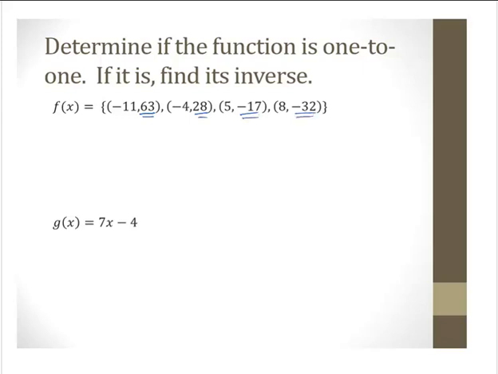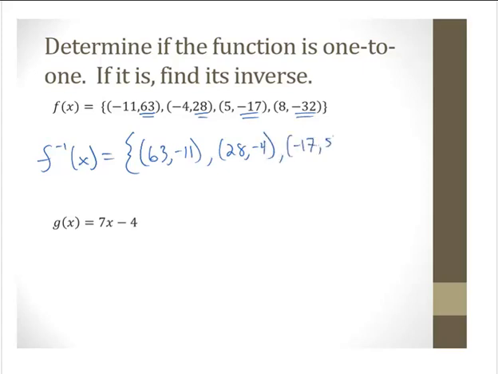Is it one-to-one? Yes, it is, because no outputs are repeated. So then its inverse, f inverse of x, would be the set of ordered pairs 63, negative 11; 28, negative 4; negative 17, 5; and negative 32, 8.